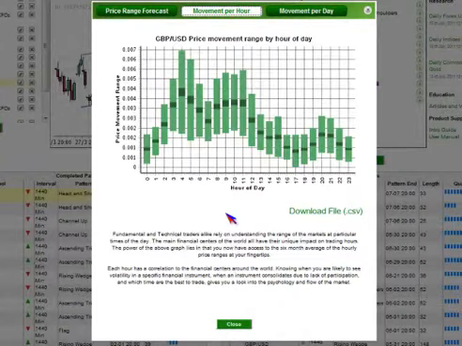So each one of these pairs has an individual rhythm, individual price movement ranges. I hope you also see how much more in terms of price movement range there is in the cable. Now, the price movement range here, this is 10 pips, 15 pips, 20 pips, 25 pips, 30 pips, 35 pips. So in 5 pip increments, okay? Take a look. Our top is nearly 70.